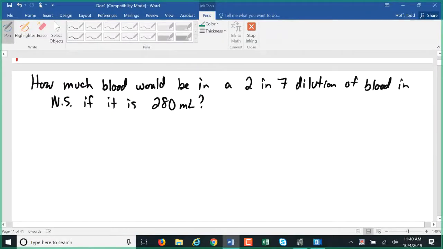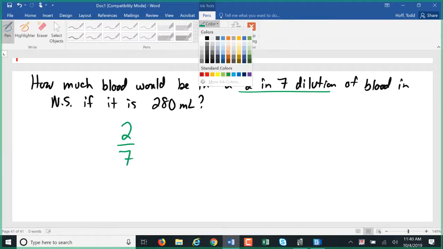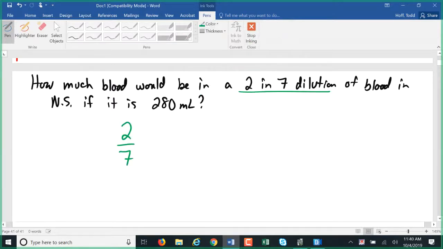So we work with our dilution. It's a 2-in-7 dilution. So that is a 2 to 7 ratio. I know it gets a little tedious and redundant to keep labeling these parts, but for now we're going to keep doing it. The 2 represents parts of serum, in this case parts of blood. 7 parts total solution.